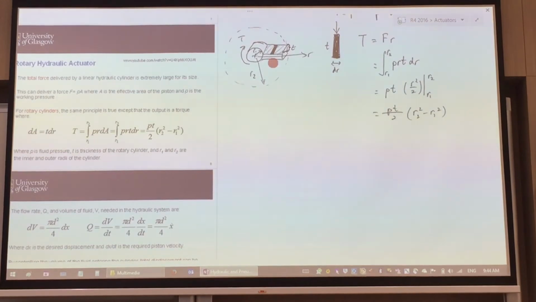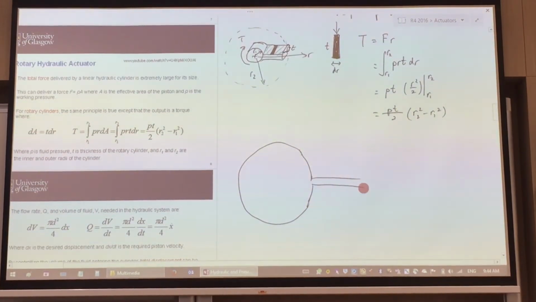So let's have a closer look at the mathematics behind this. I'm going to do a sketch as well, because this part is also giving you just the formula, so it's hard to imagine. I have this outer cylinder, and I'm just going to look at one of these inlet ports.